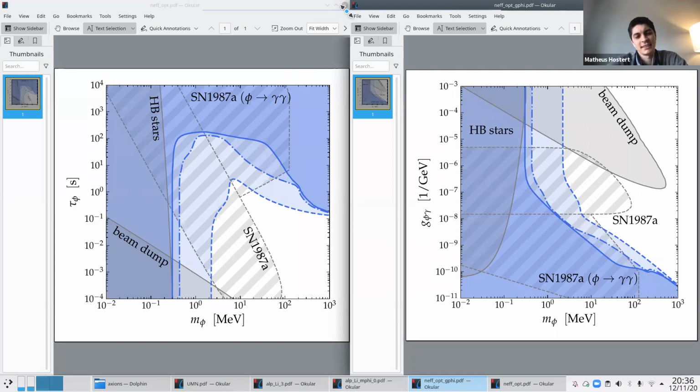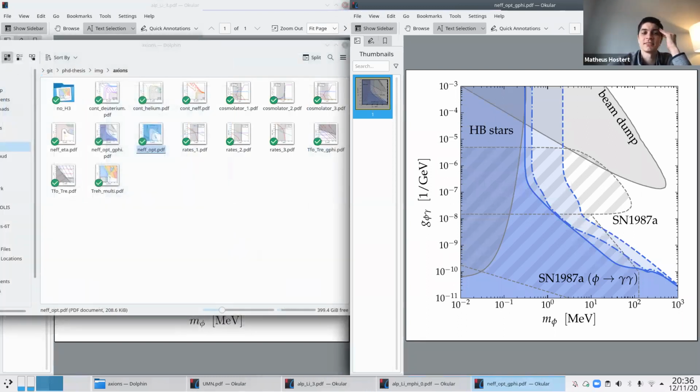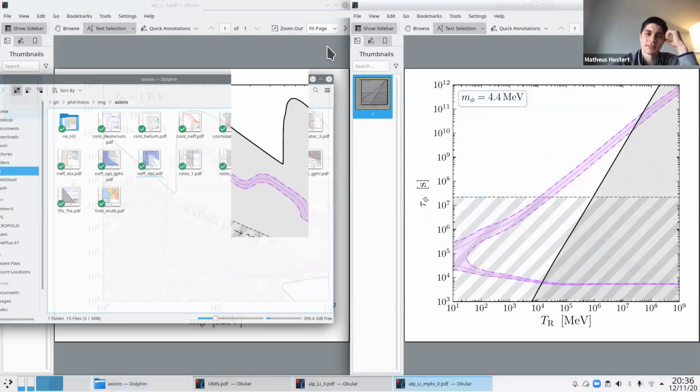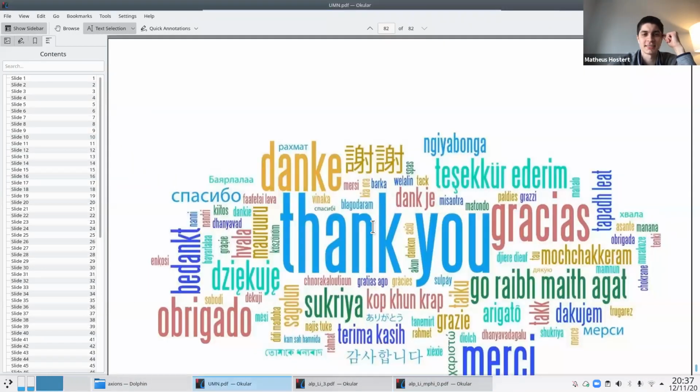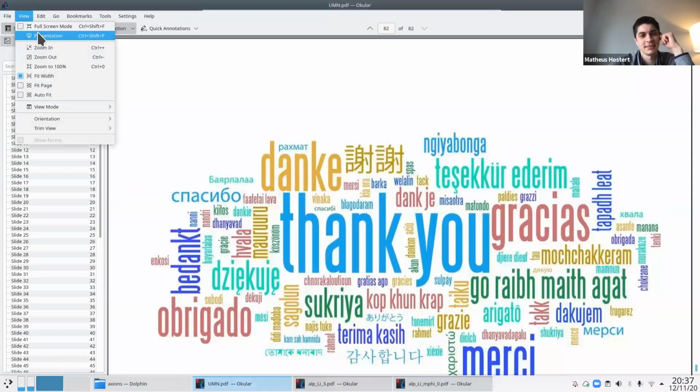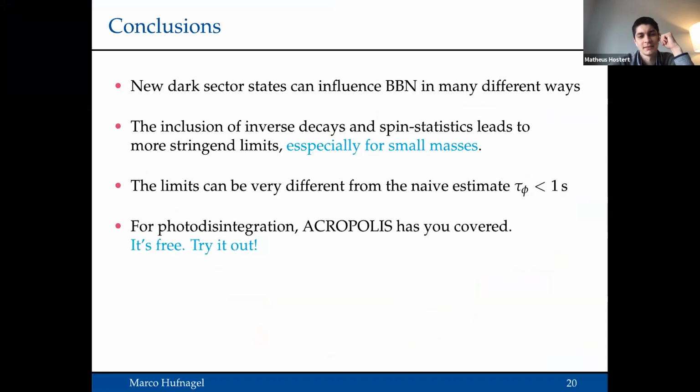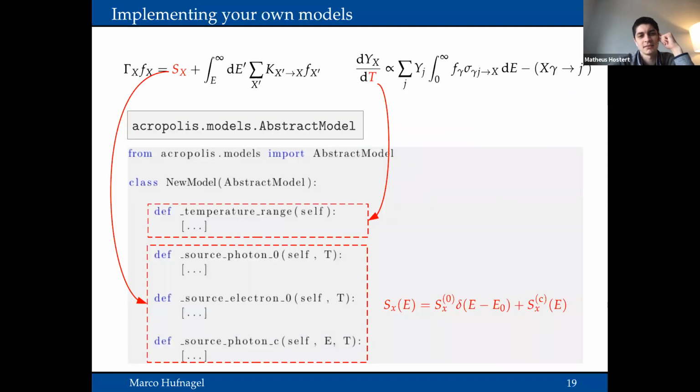I actually had a question: when you say you can implement new models, your code does phi to e plus e minus and gamma gamma. I wonder, if you had branching ratios into muons or into invisible stuff, for example, in the case of a sterile neutrino, you'd get neutrinos always in the final state.